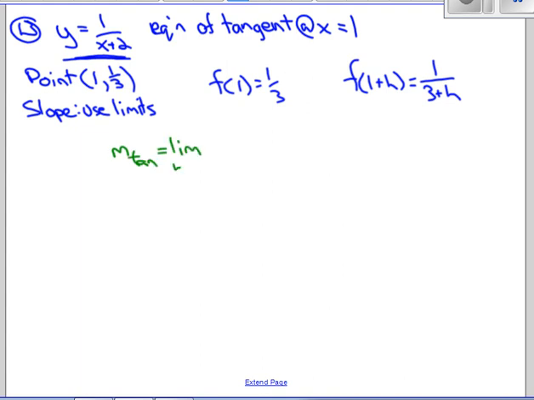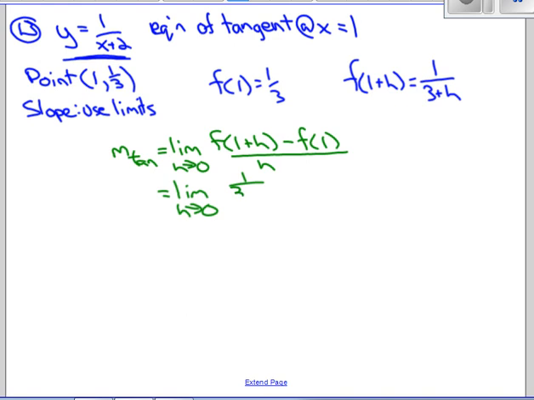It's going to be the limit as h goes to 0 of f at 1 plus h minus f at 1 all over h. So we'll stick with green. Okay, f at 1 plus h is 1 over 3 plus h minus 1 over 3 all over h.